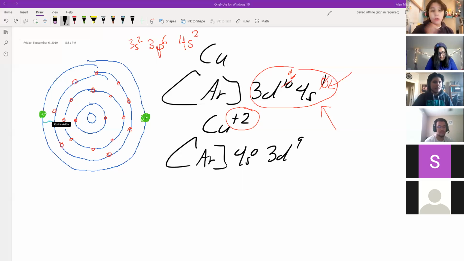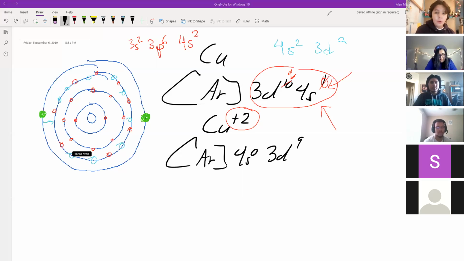After you filled up the 4s, you start filling up the third shell with the d electrons. If you're filling out for copper, you would think you would have 4s2 and 3d9 because of how you would normally fill out electrons. 1, 2, 3, 4, 5, 6, 7, 8, 9.